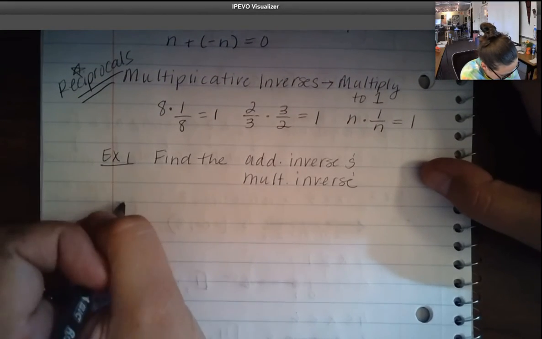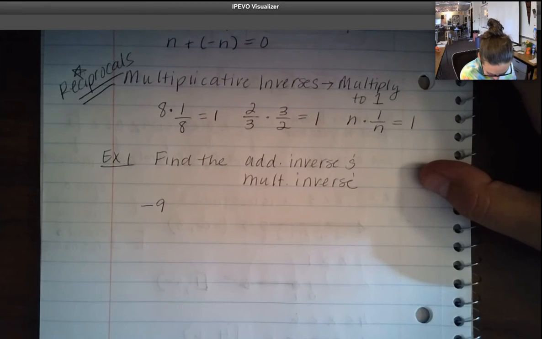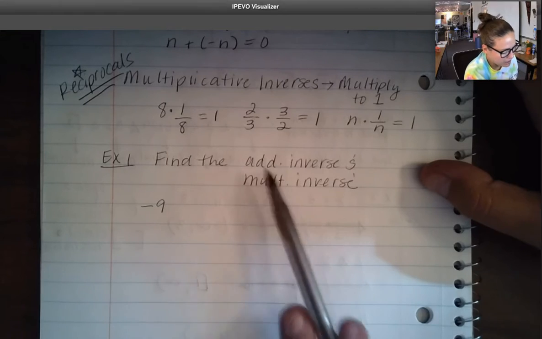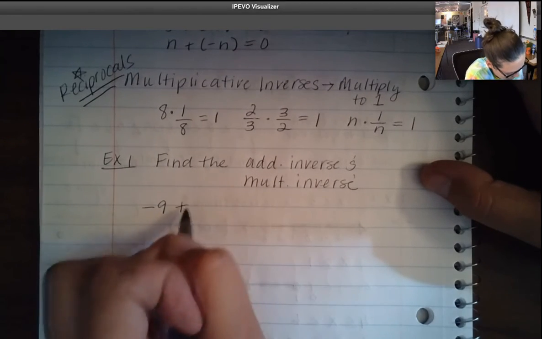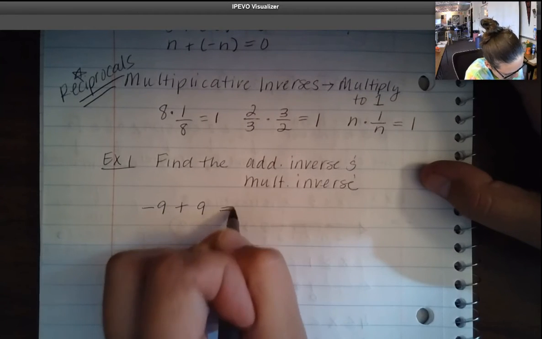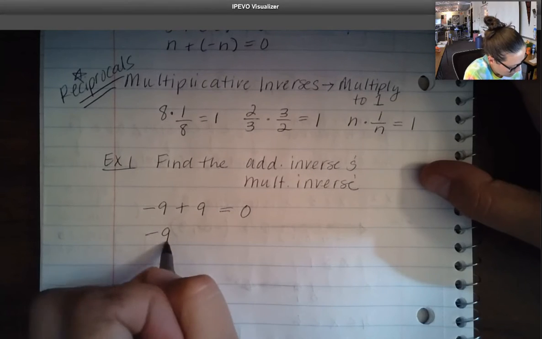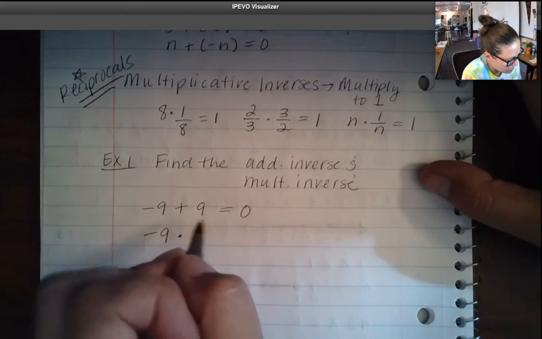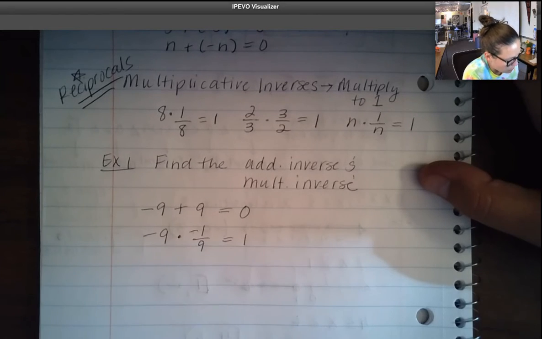So here's our first number, -9. For my additive inverse, I have to get to 0 by adding. So -9 plus 9 gives me 0. -9 times, what's its reciprocal? -1/9 gives me 1.